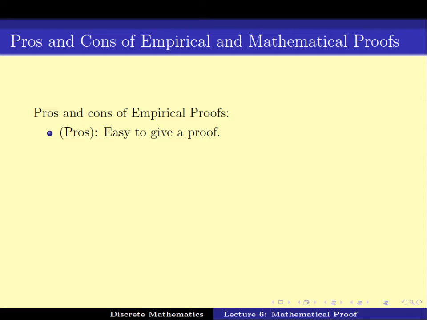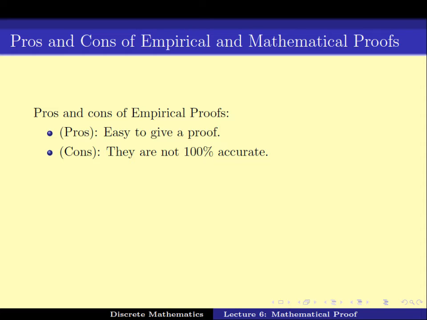But there is a downside to it. The downside is that they are not 100% accurate. Now it's obvious why. Because for example in the earlier statement, we have just tried out n squared minus n plus 41 is a prime on just a finite number of points. It is humanly impossible to test it out on an infinite number of points.